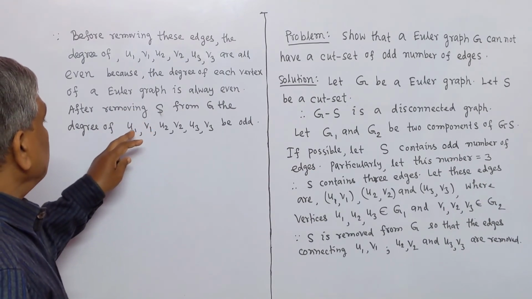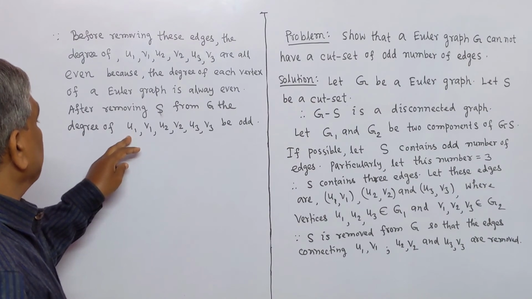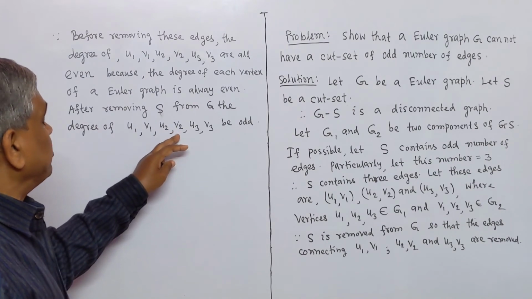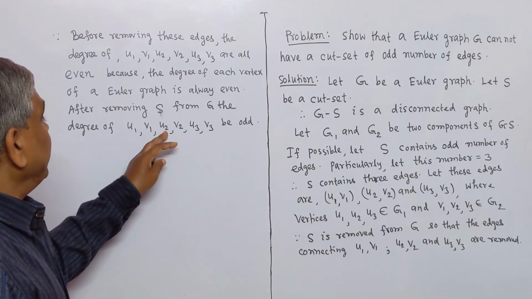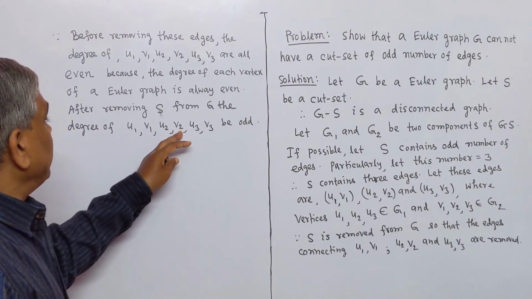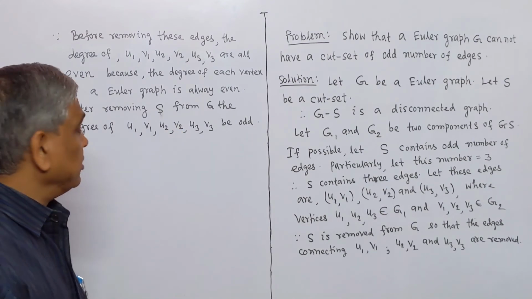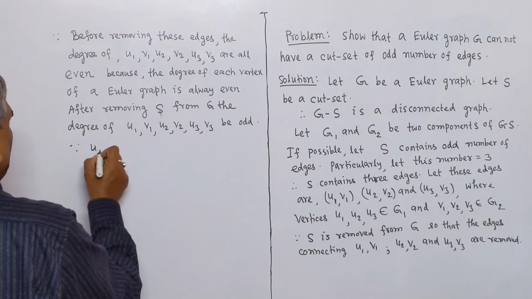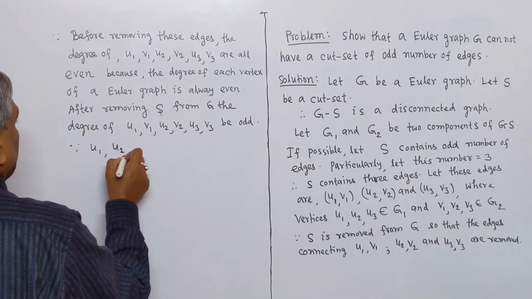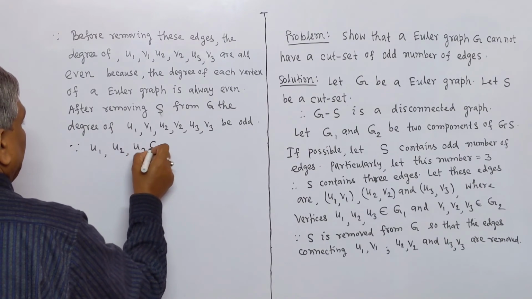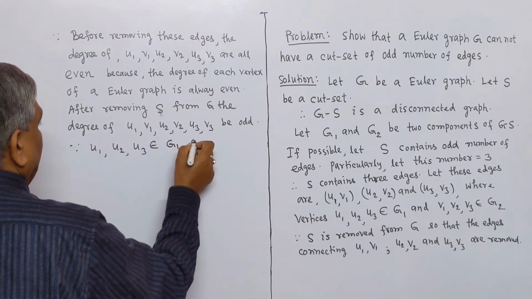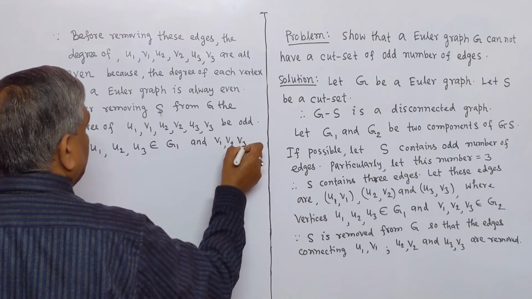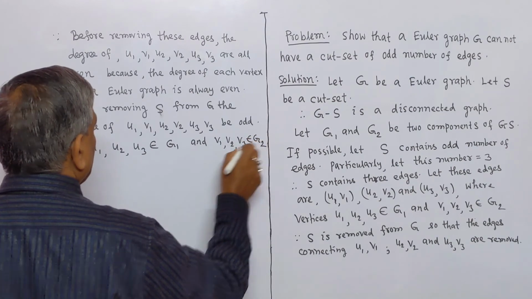So one degree is reduced. Similarly, one edge is removed joining U2 and V2, so one degree of each of U2 and V2 is reduced. Since U1, U2, U3 belong to G1 and V1, V2, V3 belong to G2.